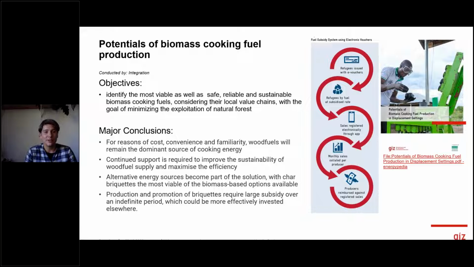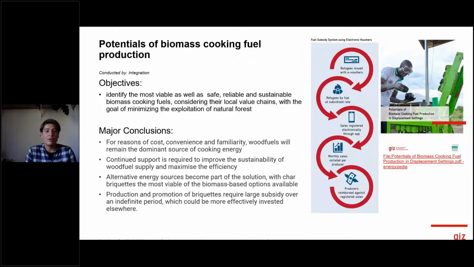Not impossible, but also quite challenging. You may also see the discussions in our previous webinars. So we are focused here on biomass, and the objective of this study is to identify the most viable, safe, reliable and sustainable biomass cooking fuel, which can consider local value chains, and then minimize, of course, the exploitation of natural resources.